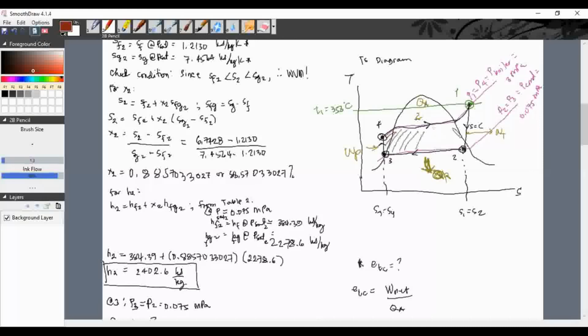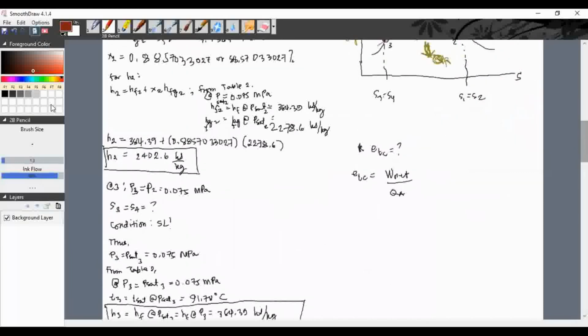O, yung part na yan, yan yung ating work net. So, mabalik tayo sa solving natin. We have work net, pwede siyang QA minus QR over QA, or pwede rin work ng turbina minus work ng pump over QA. Okay? So, ito na lang gamitin ko.